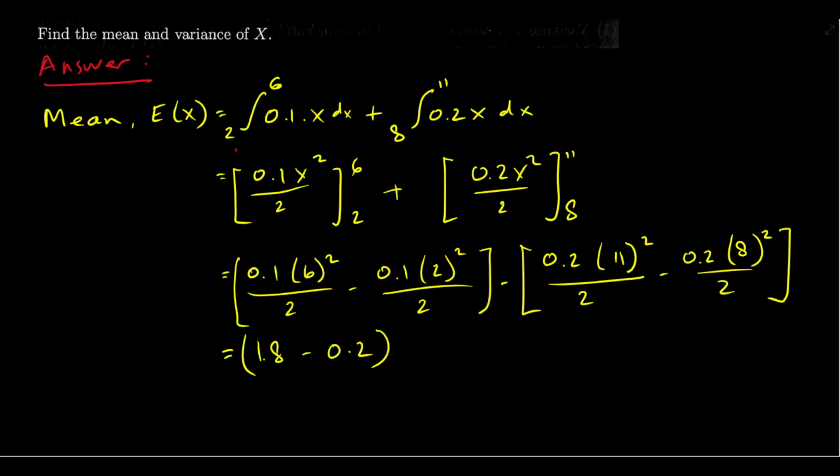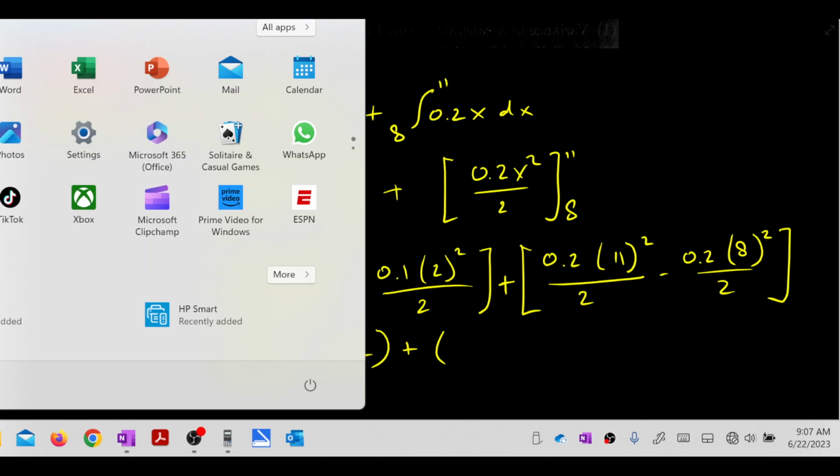Oh sorry guys, this is supposed to be a plus sign, plus. Again, this is 121 times 0.2 divided by 2, which will be 12.1. Let me just double check this.